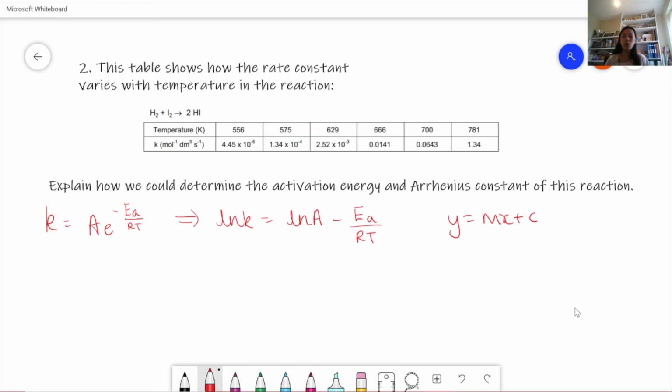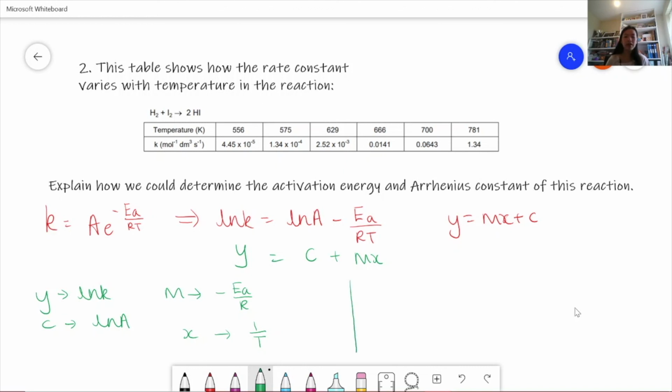And so if we have y as ln k, ln A could be c, and then we would have mx. And so if we make ln k y, and we have c as ln A, and then we have m as minus activation energy over R, and then we have x as 1 over T, then if we plot a graph of ln k against 1 over T, we'll be able to find the activation energy and the Arrhenius constant.